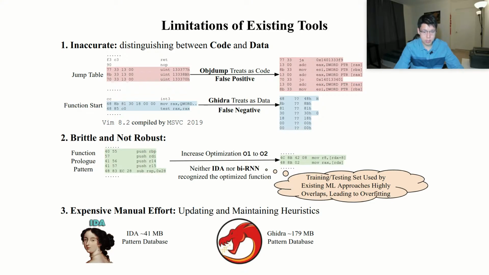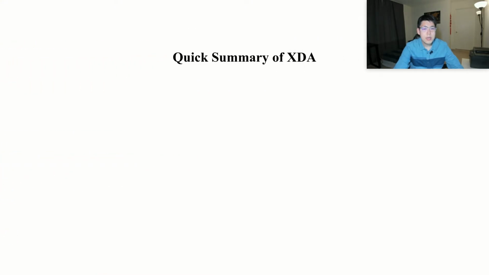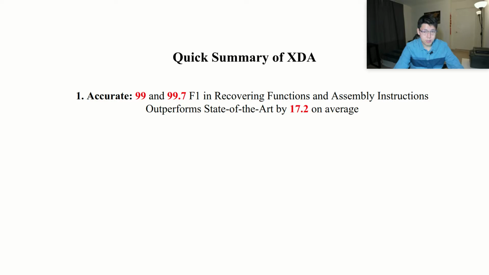In this paper, we propose XDA, an accurate, robust disassembler based on transfer learning. It is accurate. Our extensive empirical studies show that it achieves 99 and 99.7 F1 score, respectively, in recovering functions and assembly instructions, outperforming the state-of-the-art by 17.2 on average.